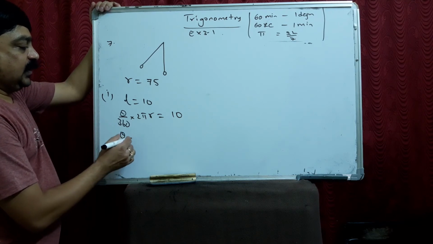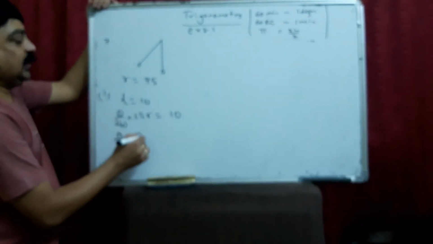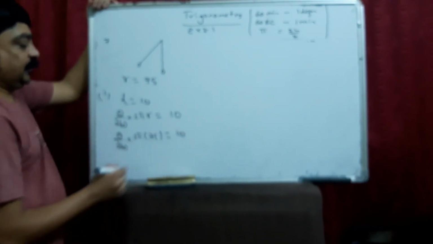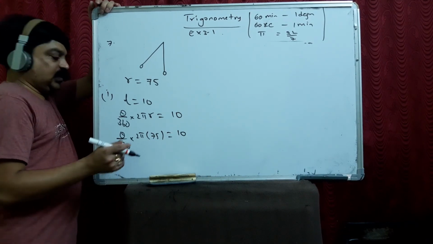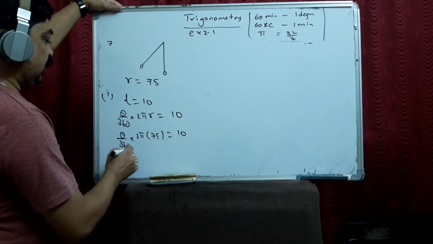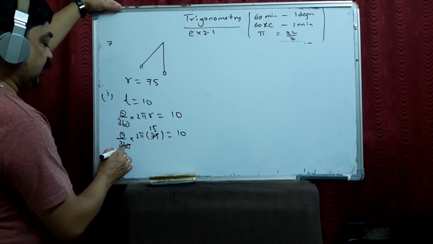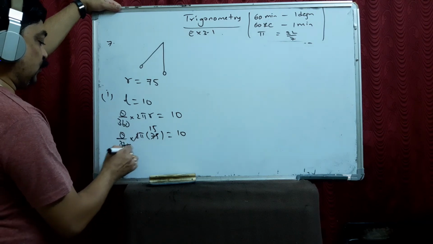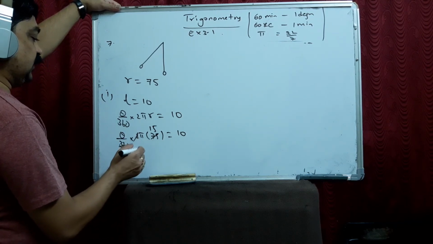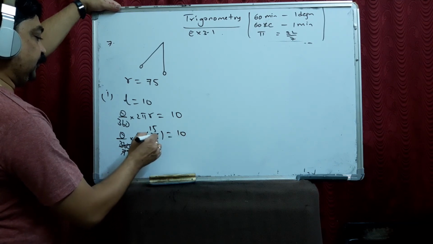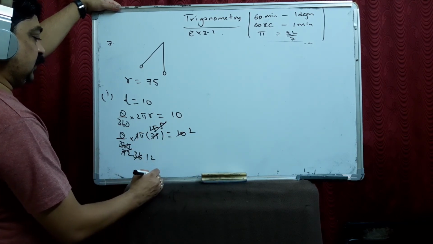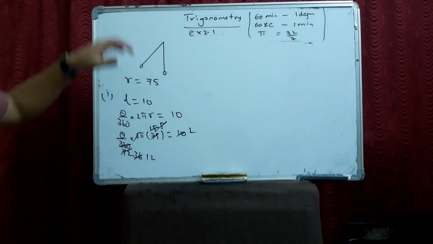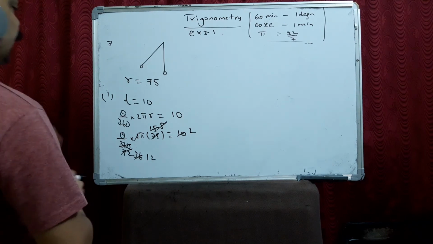So theta by 360 into 2 pi, radius is 75, is equal to 10. Okay, we do it like this.